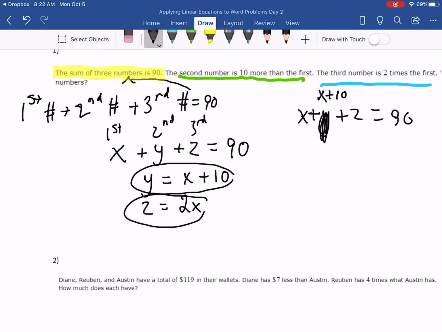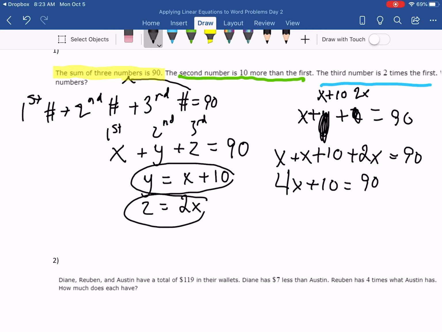The third equation tells me z is equal to 2x, so we can get rid of z and put in 2x. So notice our equation now only involves x. So we have x plus 10 plus 2x equals 90. So combining our like terms, 4x plus 10 equals 90.